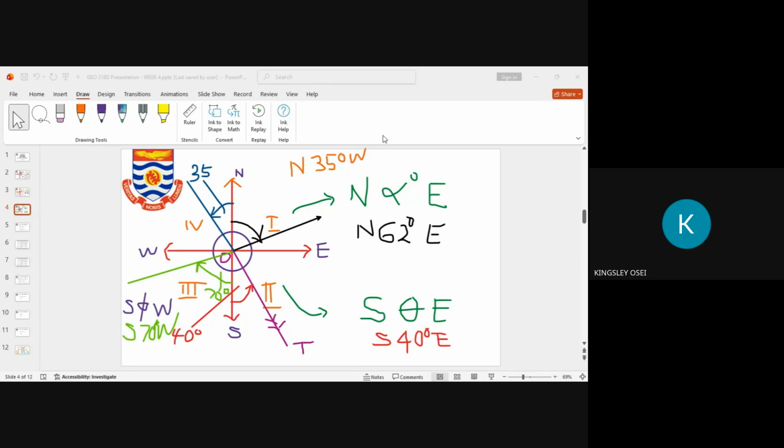All right, so we want to look at some examples. I'm going to start with the examples where you are given whole circle bearings and how they convert to the other system. So let me duplicate again, and then let me clear my board.